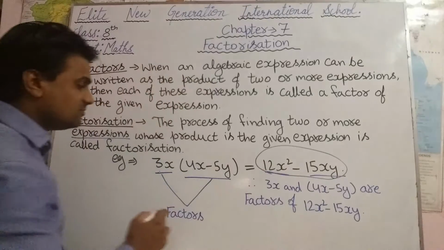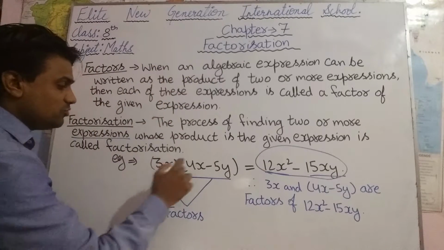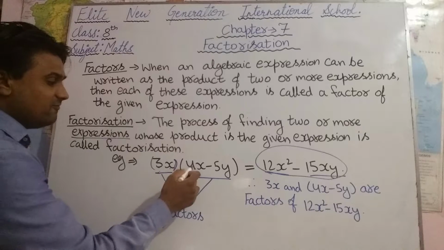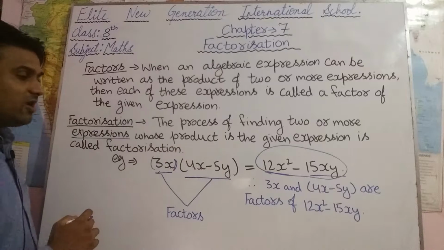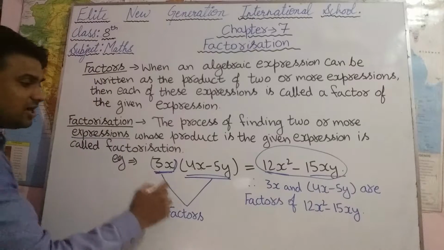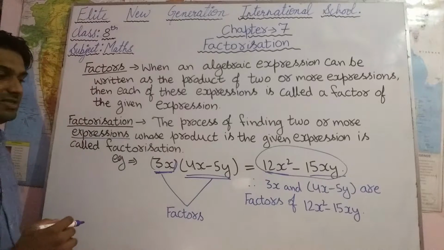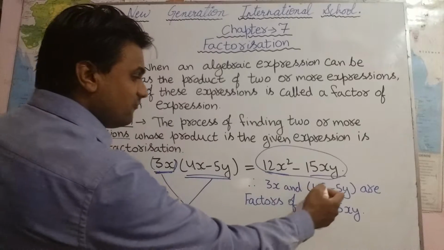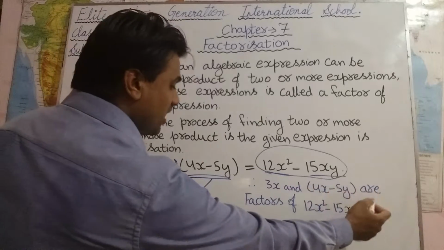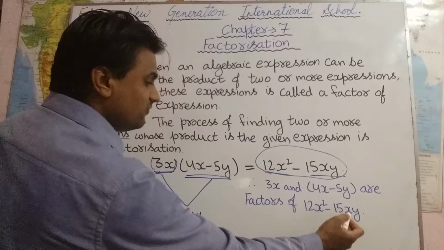This expression comes when we multiply these two expressions, that is 3x and 4x minus 5y. So these are known as factors of this expression. So we can say that 3x and 4x minus 5y are the factors of 12x square minus 15xy.